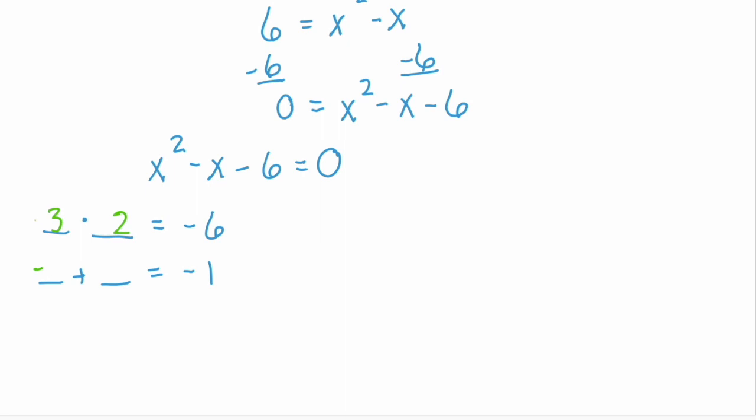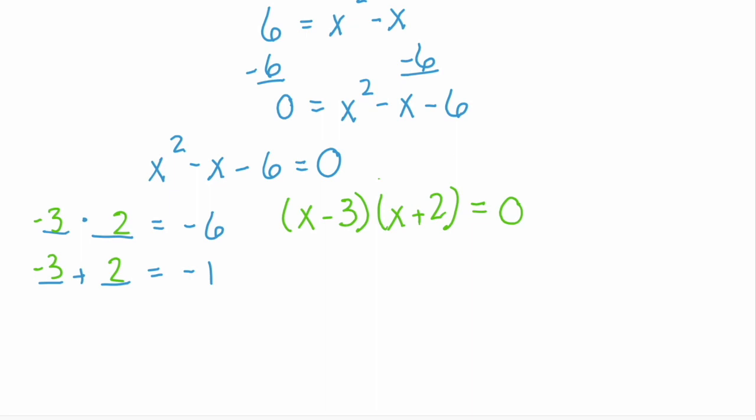And if it's a -3, when we add -3 and +2, we get -1, which means this factors to x minus 3 times x plus 2 equals 0. Remember, you can always FOIL these two binomials to check that you have that polynomial you started with.